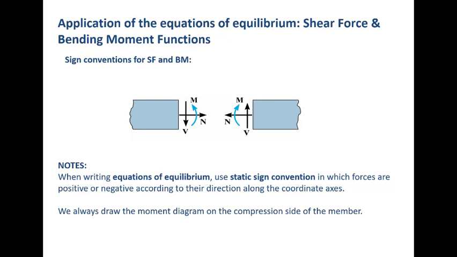So when we cut a beam, method of sections, to be able to draw the shear force bending moment diagrams, then we need a sign convention to decide whether the shear force is positive or negative. To do that, we use this sign convention. Now, some of the books may use another sign convention.